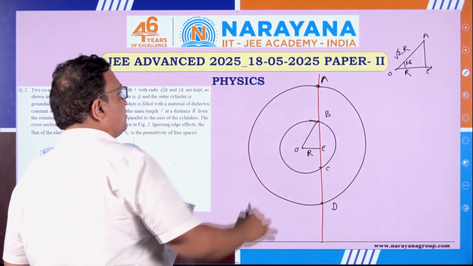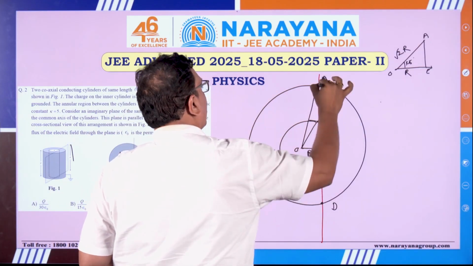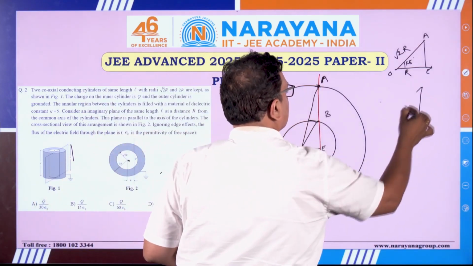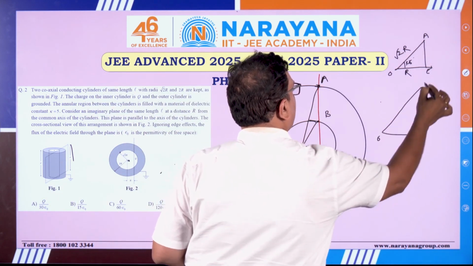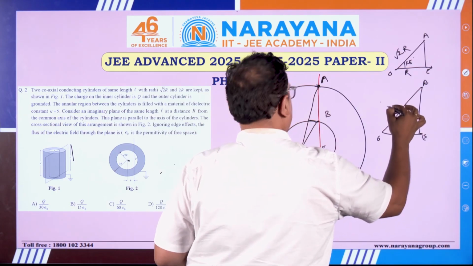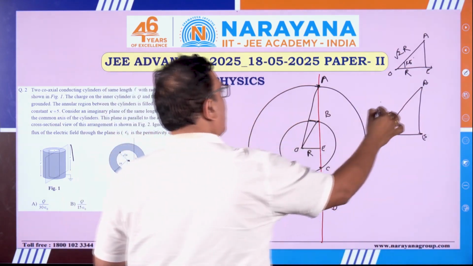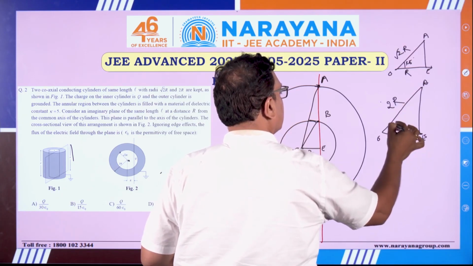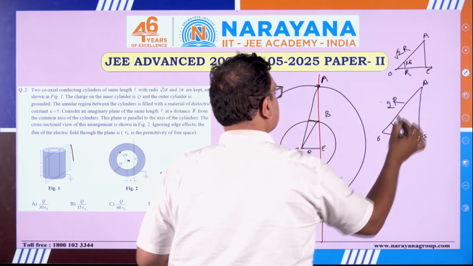Next comes OA, which is 2R, and this part is R. So this will be 60 degrees.